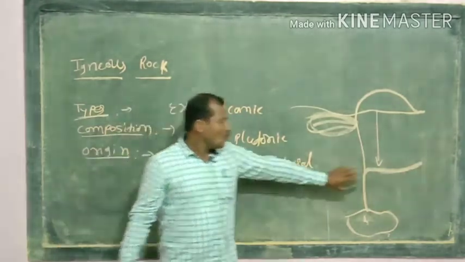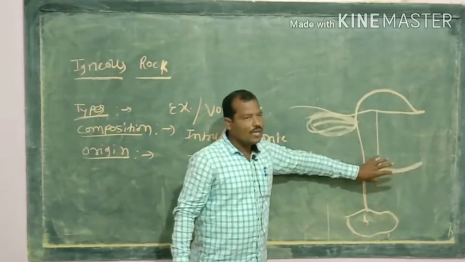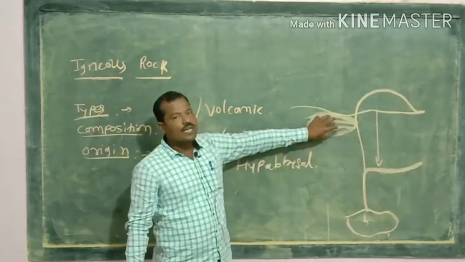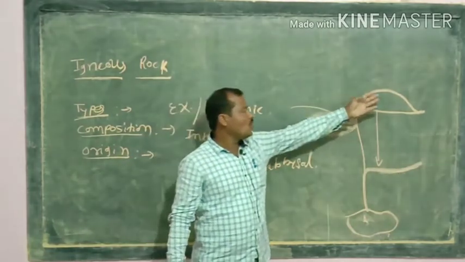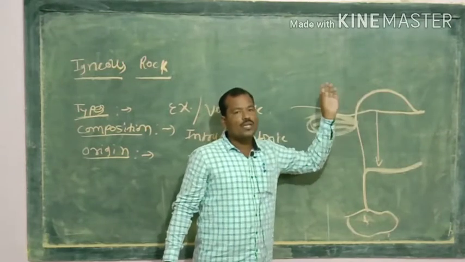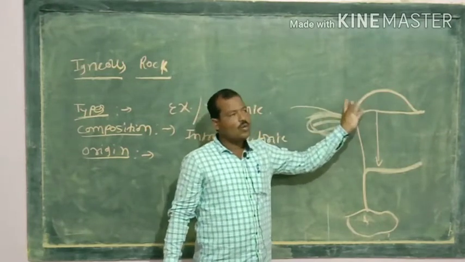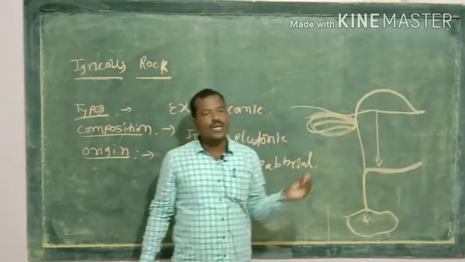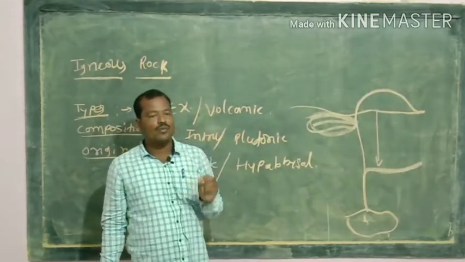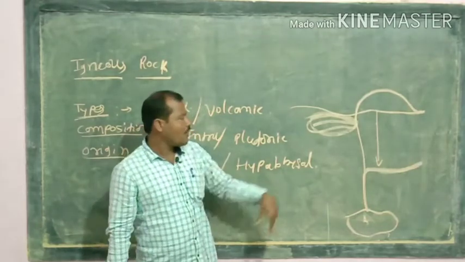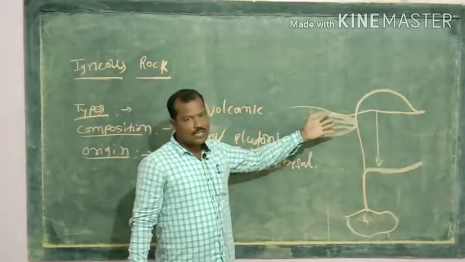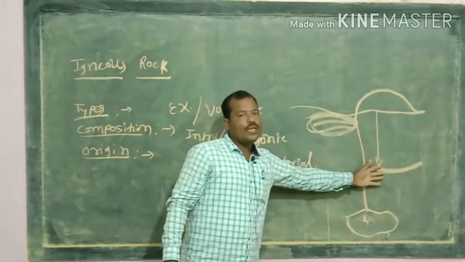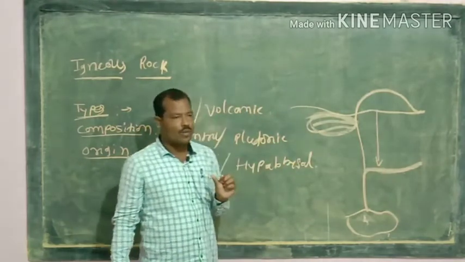Here cooling is very slow, here relatively cooling is slightly faster, and on the earth surface cooling is very rapid. Because of rapid cooling, the magmatic material forms very fine grains, while here medium sized grains are formed and here very large grains are formed.